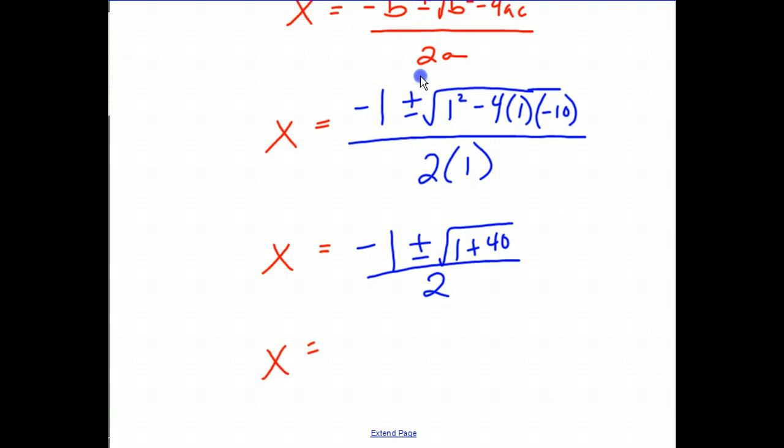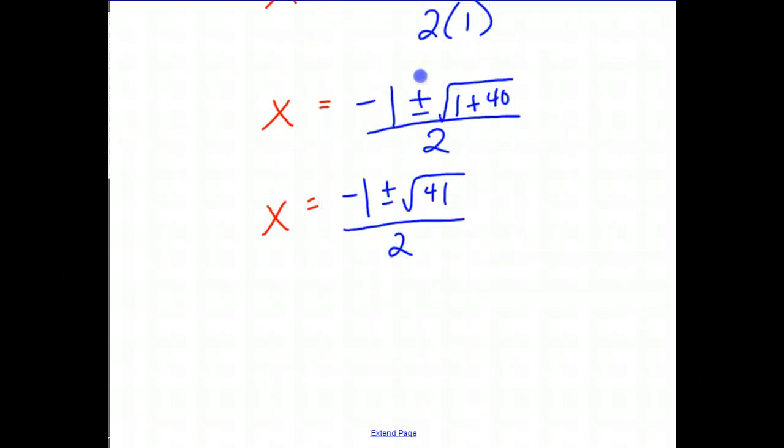X equals negative 1 plus or minus square root of 41 over 2. And since 41 is not a nice root that we want to deal with, we can just leave it as is. So our answers are negative 1 plus the square root of 41 divided by 2, or negative 1 minus the square root of 41 divided by 2.